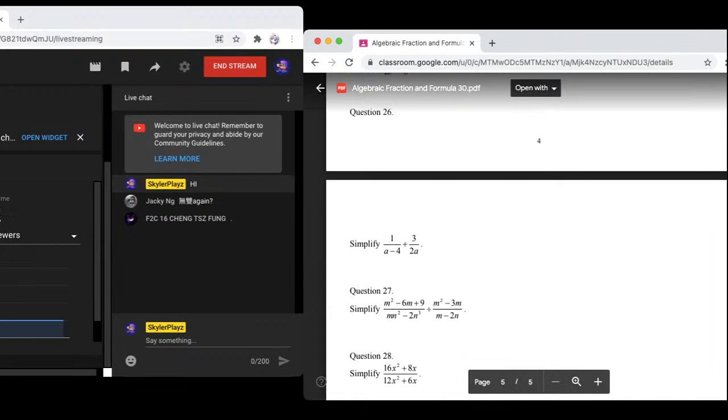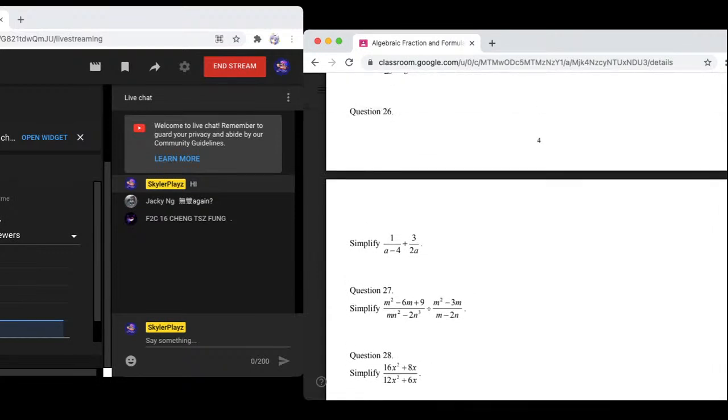For question 46. 1 over (a minus 4) plus 3 over 2a, which will be equals to, we make the denominator the same, so 2a(a minus 4).